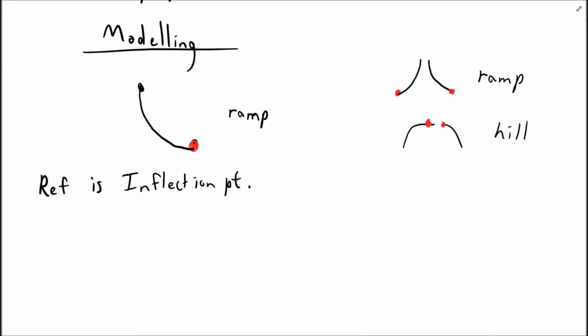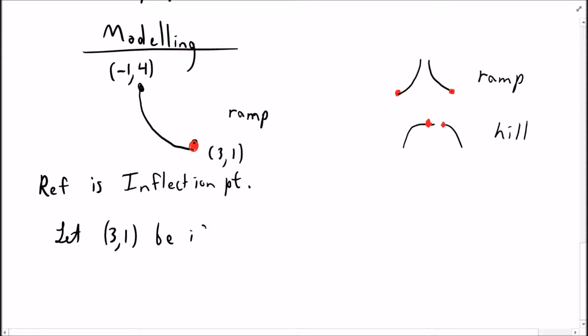So, if we did an example here, and let's just use the one I've got above here. So let's say this point right here is negative 1, 4, and this point right here can be 3, 1. If we decide that 3, 1 is going to be the inflection point, so we would write that. So let 3, 1 be the inflection point.